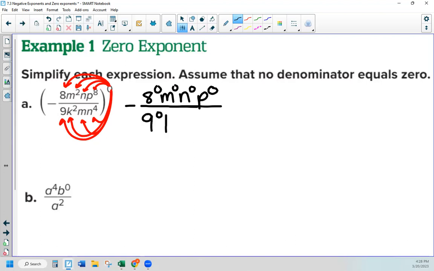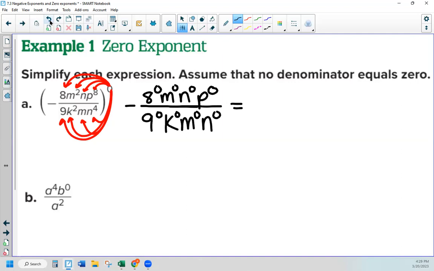Everything here will have an exponent of 0, because that is what we just distributed to everything inside. Now, this entire step is kind of silly to write out, because the truth is that everything to the power of 0 turns into a 1. So what is this going to look like?